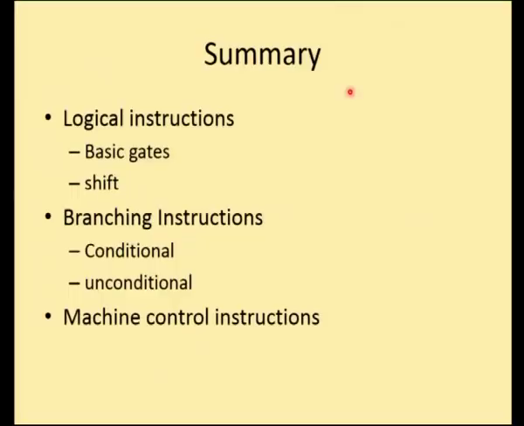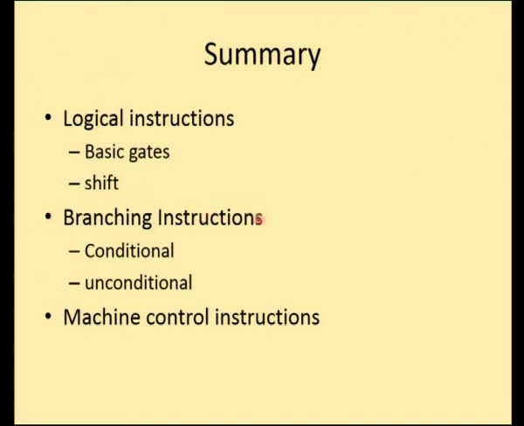In today's session, we have discussed logical instructions, branching instructions and machine control instructions. In logical instructions, we discussed the basic gates, which are AND, OR, NOT, along with exclusive OR gate. Then the shift operations, which are done by rotating either in the right direction or in the left direction.